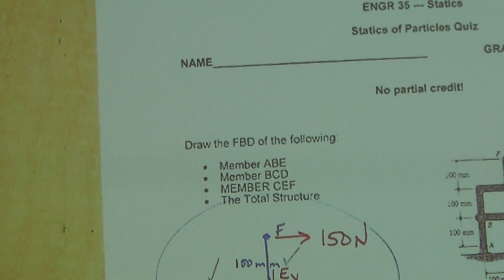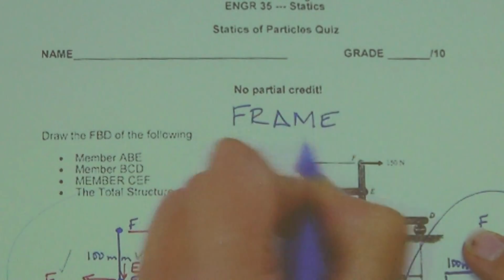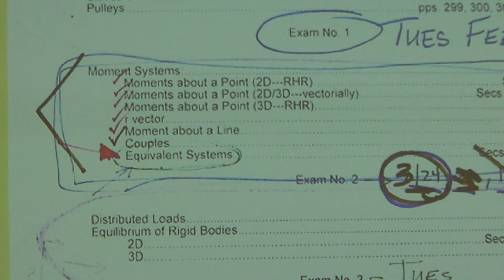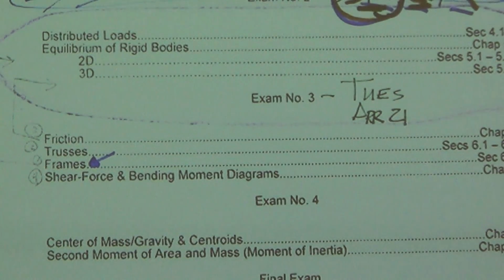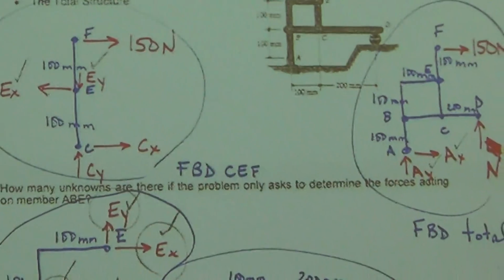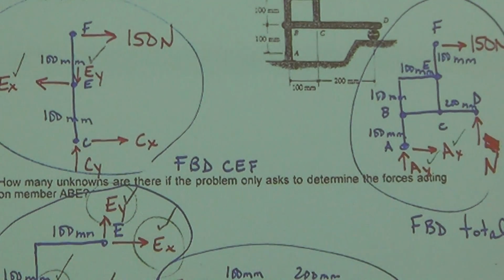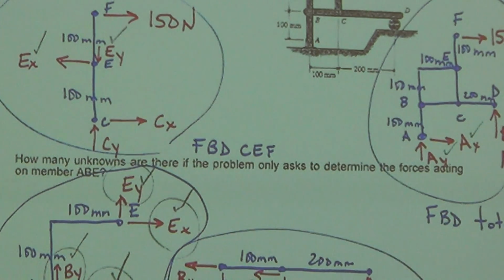So what we actually are working on right now is a frame problem. And if you look on the syllabus, here's frames. The frames are very similar to what we've done already, right? This doesn't seem any different. It might be harder, there might be more equations, more free body diagrams, but it's nothing new.